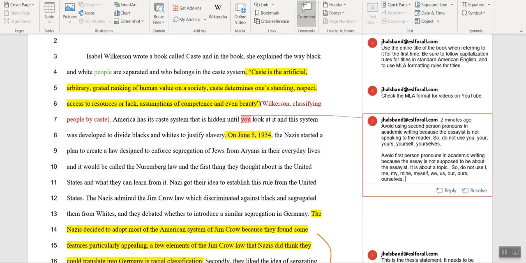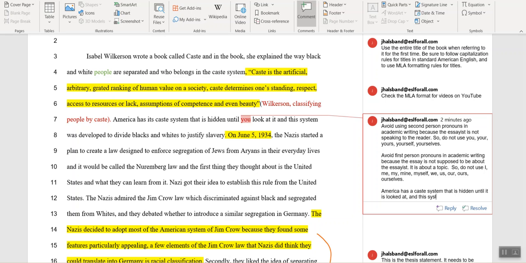Okay. So if I were going to rewrite that sentence, I'm just going to put it out here in the notes so you can remember it. America has a caste system that is hidden until it is looked at, and that's going to be a comma because it's not.